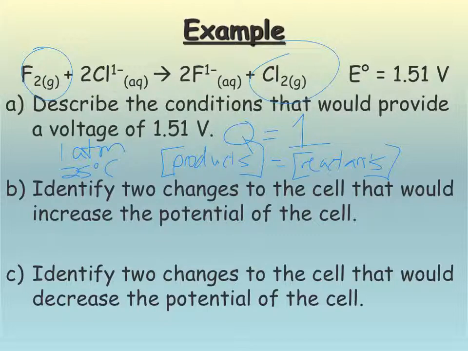All right, so what could I do to the cell that would increase the potential of the cell? If I wanted to make the voltage higher than what it actually is, number one, I could remove products, or I could add reactants.